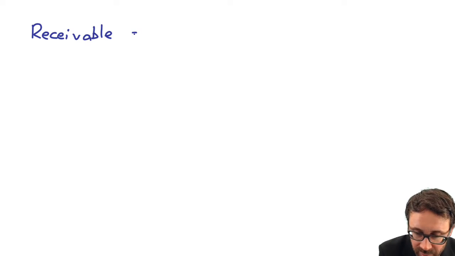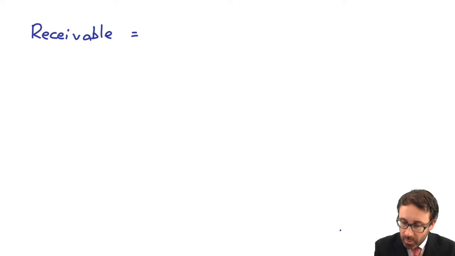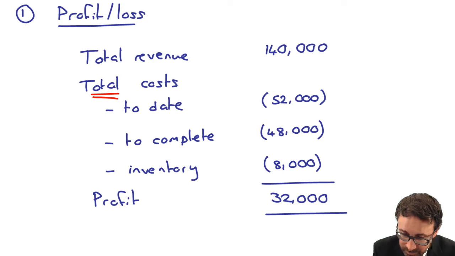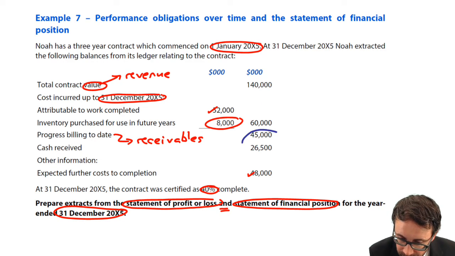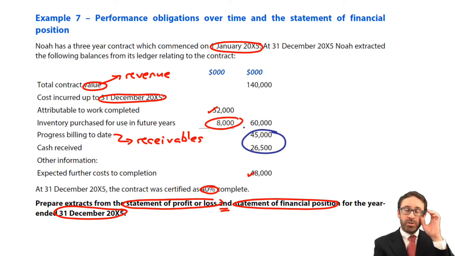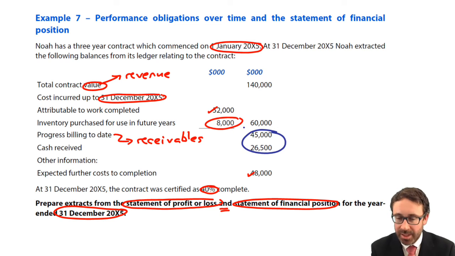Your receivable given within the question, if we go back to where the question was, we're told the receivable is 45,000. We're told that the cash received to date is 26,500.